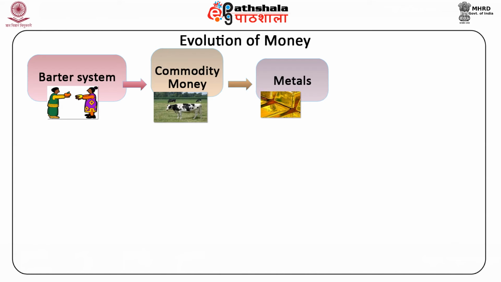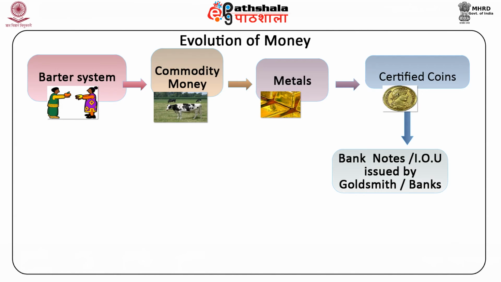The problem of short weighing and adulteration led to coins certified for weight and purity by the issuer. The problem of theft, storage and transportation led to money being deposited with goldsmiths or banks, as they were later called.